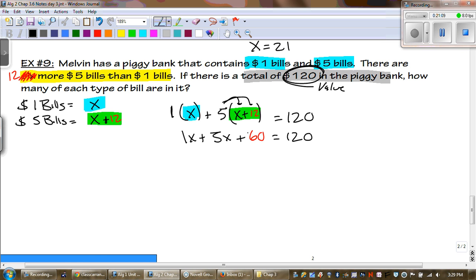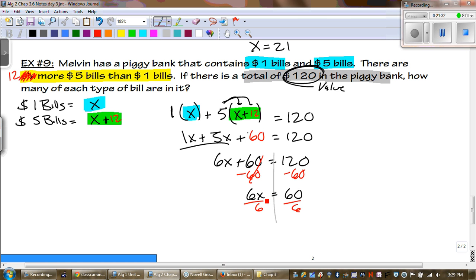Okay, so now we know what to do. We combine our like terms, and now we solve for x, where we would subtract the 60. 6x equals 60, divide by 6, and we get x equals 10.